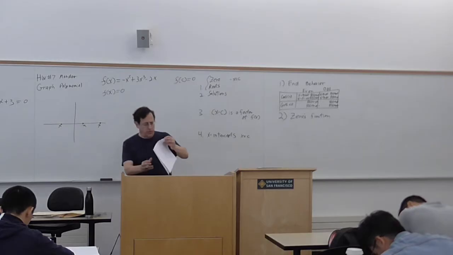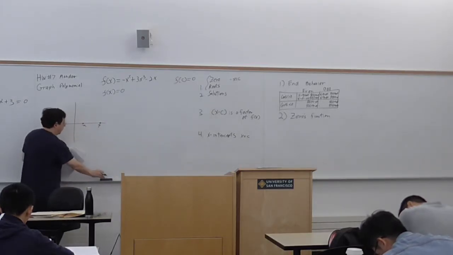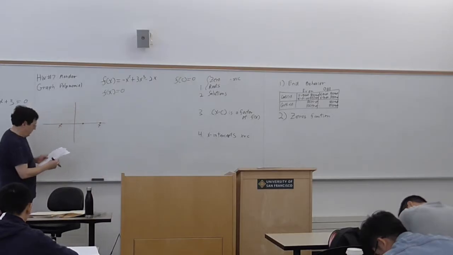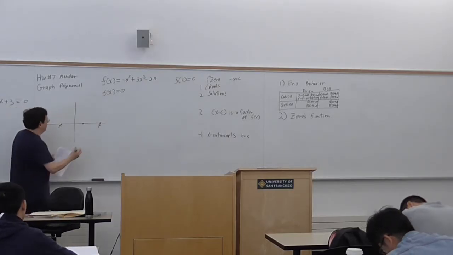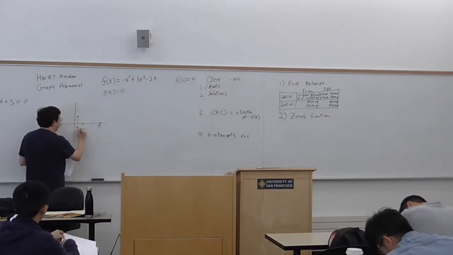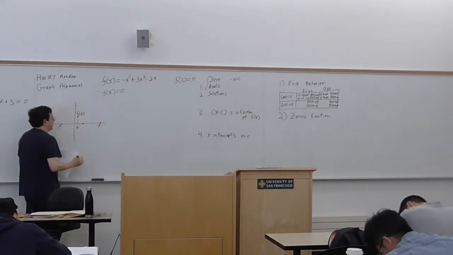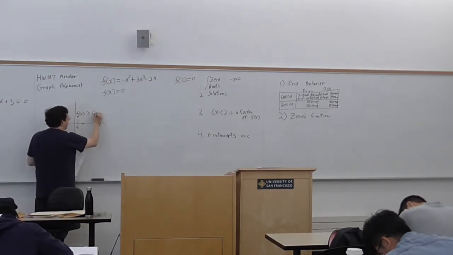Next item in our toolkit has to do with the behavior of a polynomial. It again has to do with zeros. If I have some point on my polynomial here, let's say point A, so the function has value f of A, and that function happens to be greater than 0.